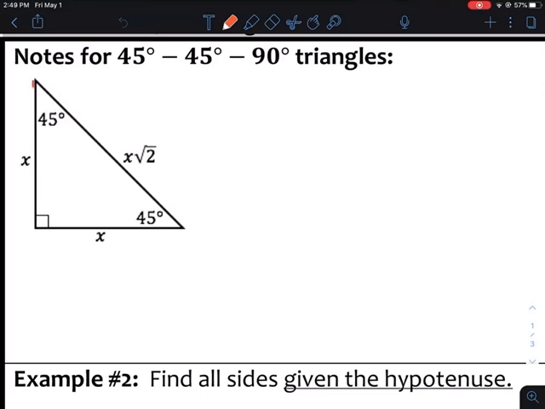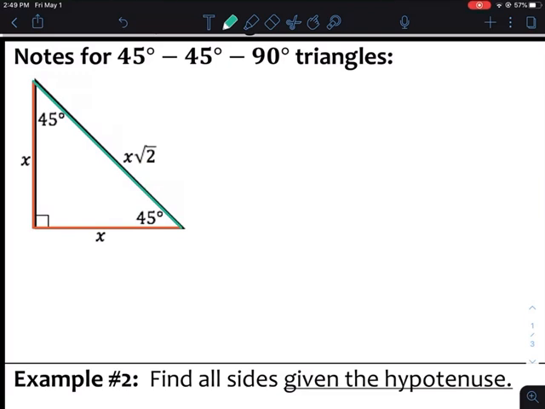So when you have a leg of a 45, 45, 90, and I'm putting orange around the legs here, those are always congruent. So those are always a value x. And then once you know a leg, you can find the hypotenuse by multiplying times square root 2.